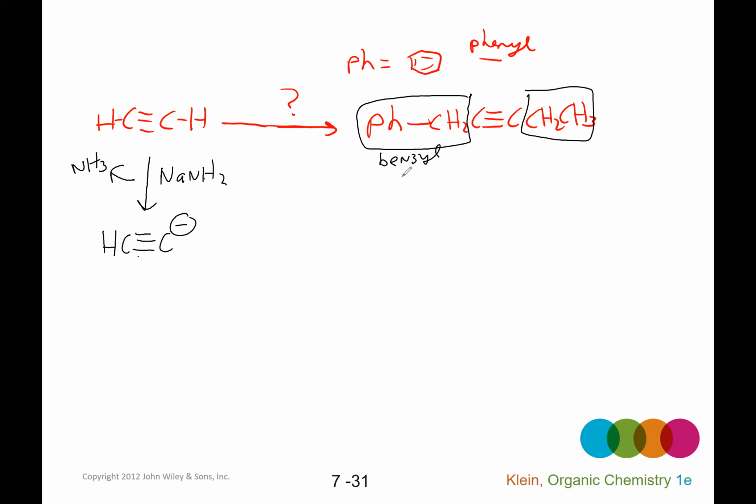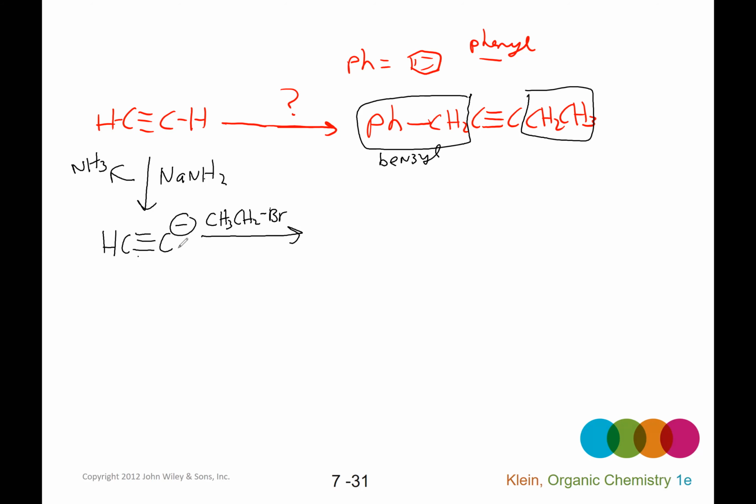So you have to add 2 groups. And remember, we have 2 acidic hydrogens, so we can add alkyl groups to both sides. Absolutely doesn't matter which one you do first. So I'm going to add the ethyl first. Let's take ethyl bromide, right?